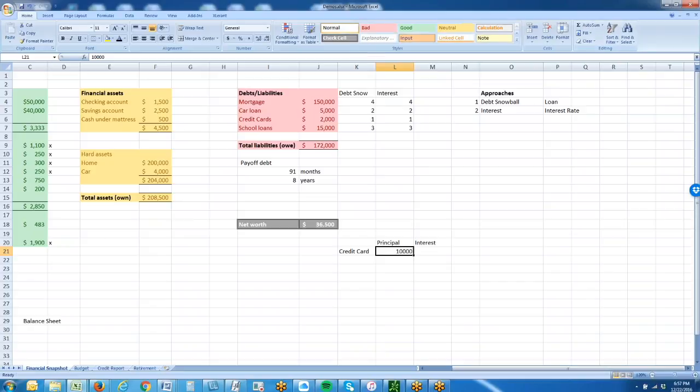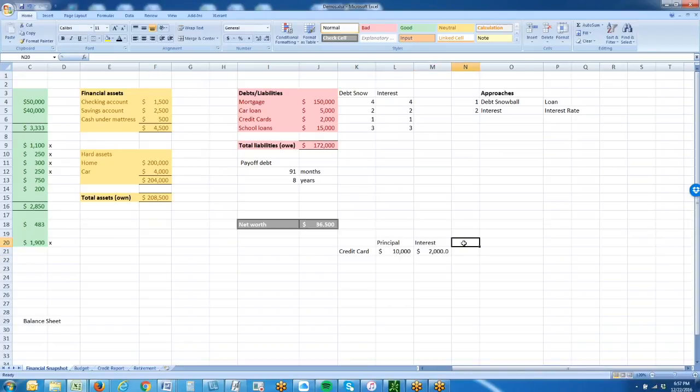So while you have $10,000, and if you had that fixed amount every single month, then paying it off might not be too hard. But say your interest rate was 20%, and all of a sudden, now you have this adding to your principal.